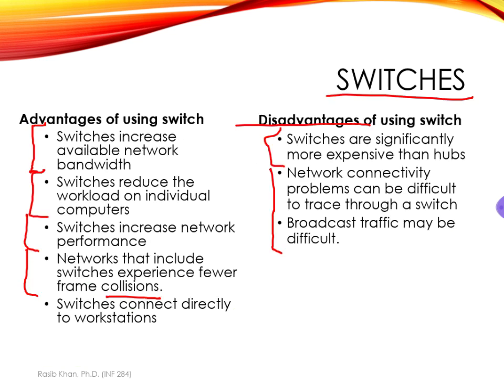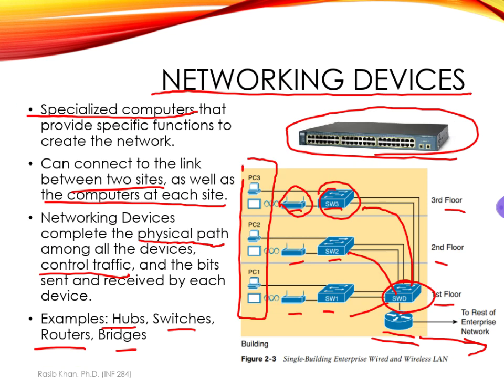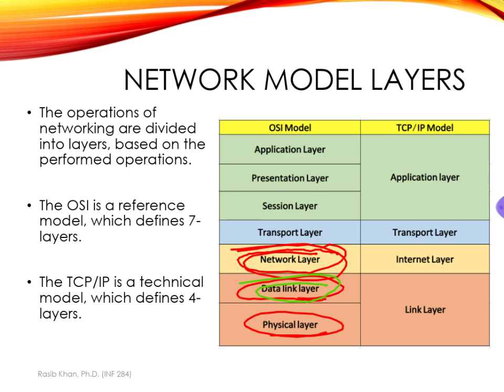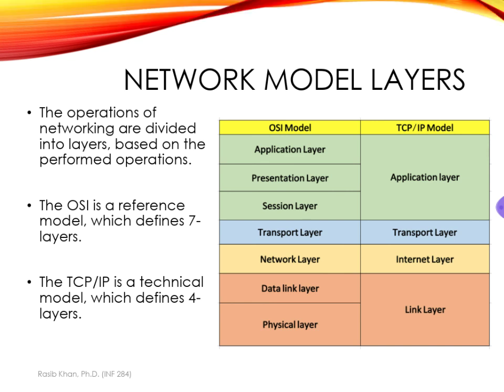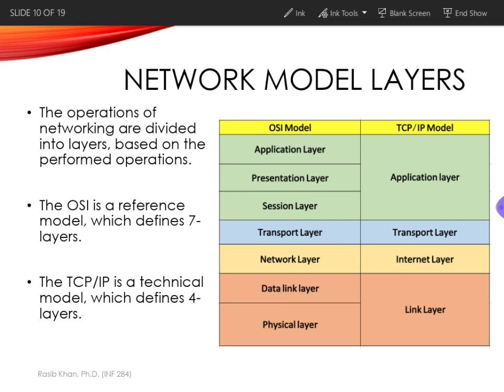So if you look at the layers again, data which comes into a PC would need to travel from the physical layer into the data link layer, into the network layer, and then this is where routers work, and then it sends it back to data link, then to physical, and then into the external interface.